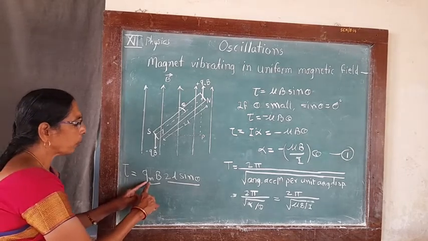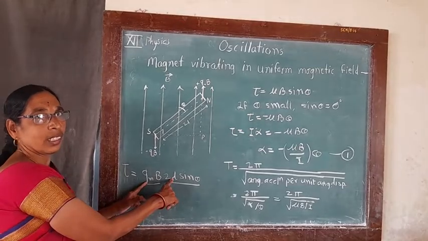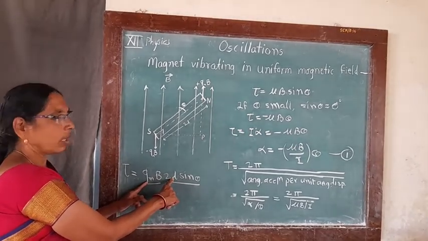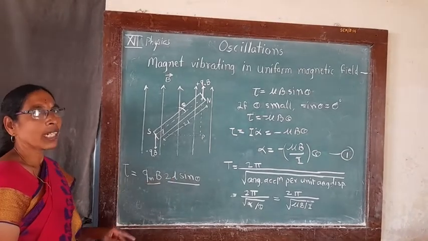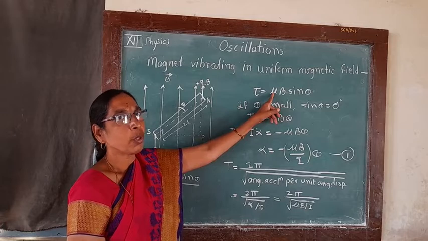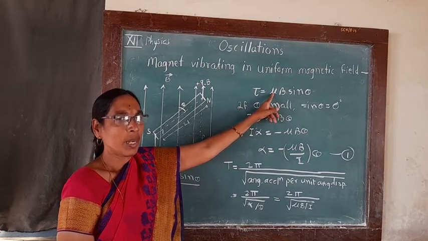But this value of Qm into 2L is the magnetic dipole moment, that is mu. Here we have to represent the magnetic dipole moment by the symbol mu, because small m is representing the mass.